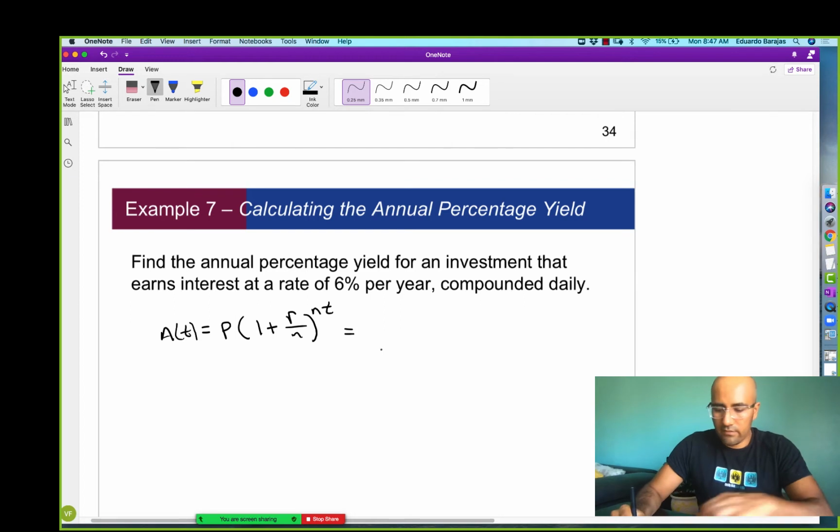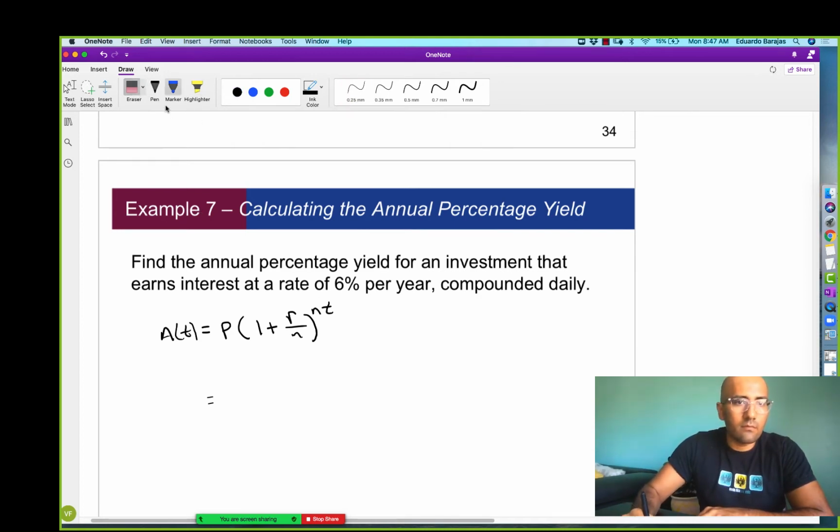So then this guy, let's put it below. This guy is going to be equal to the initial investment.